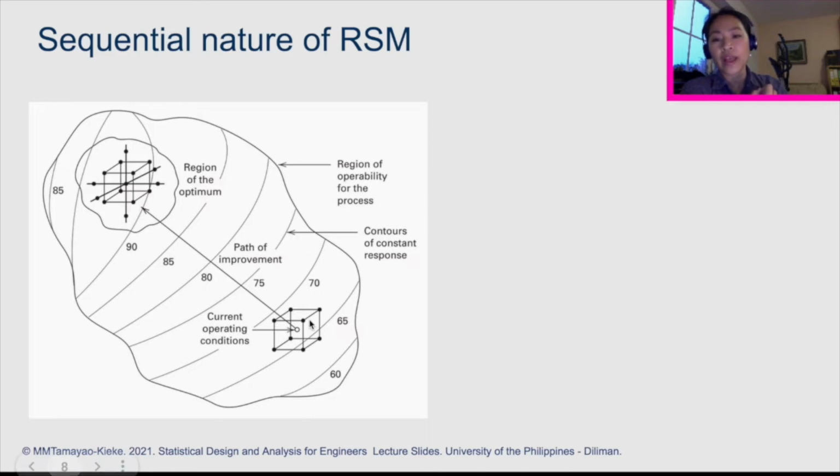So we want the highest response possible. So we want to determine the values of the independent variables that will allow us to get that maximum response, okay? And we would find that in that region. Now, the challenge is for us to get from here to here in the fastest way possible.